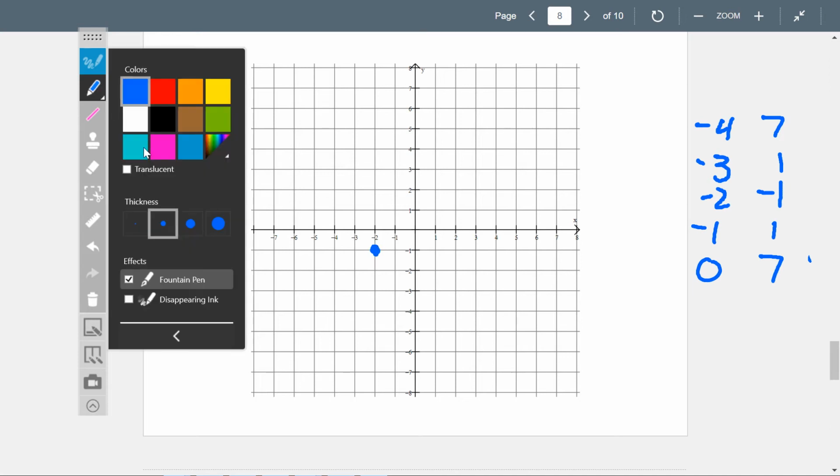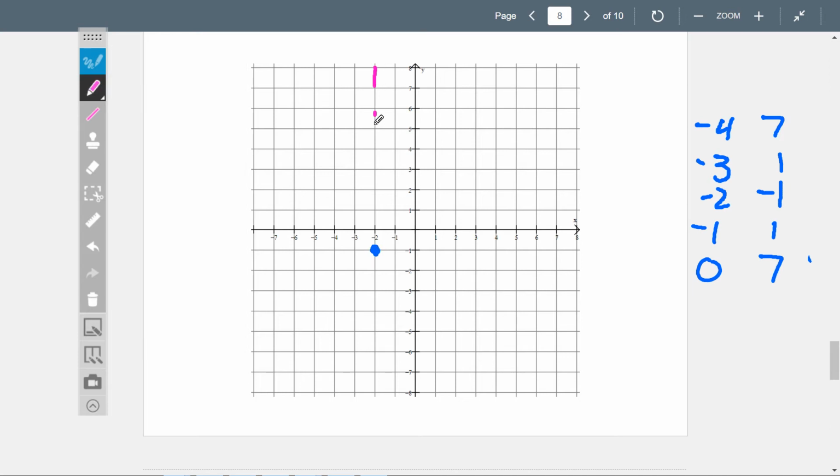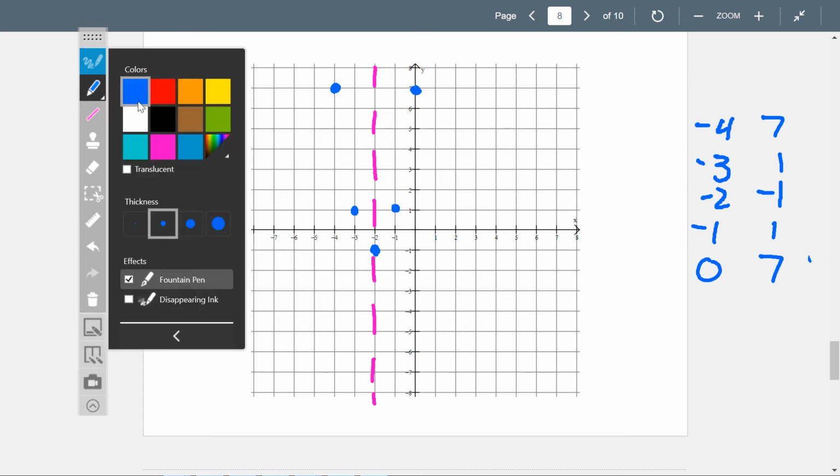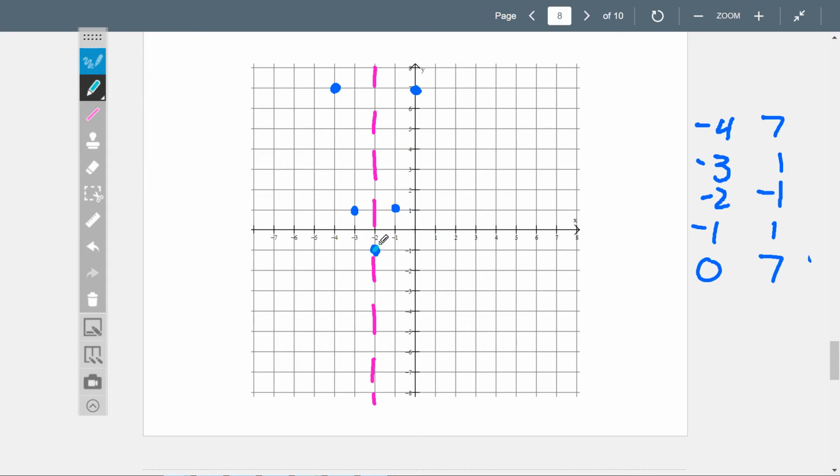Now, to help us graph it, we want the axis of symmetry going through the vertex because the left and right side of that line should be the same. Okay, so I have negative 4, 7, negative 3, 1, negative 1, 1, and 0, 7.